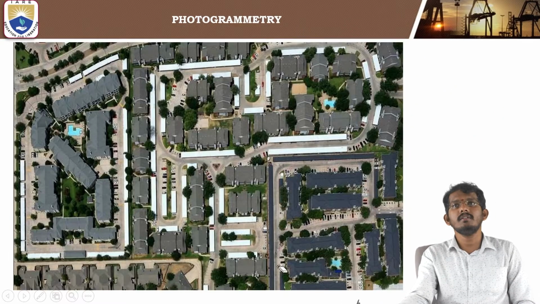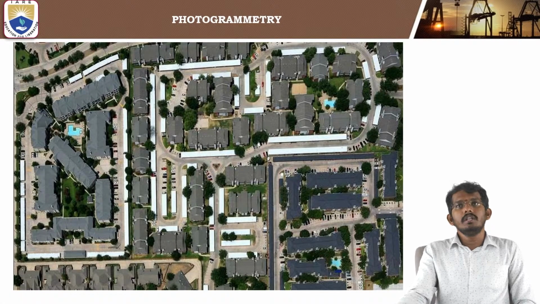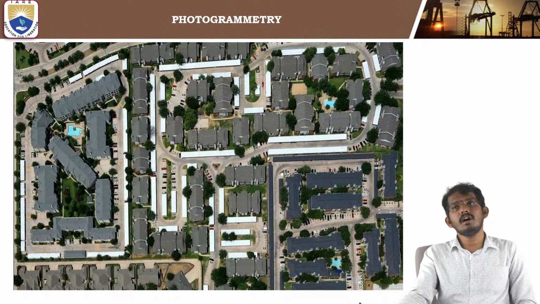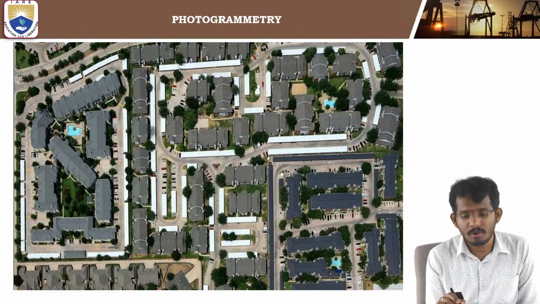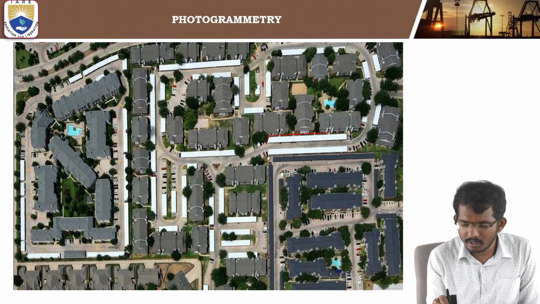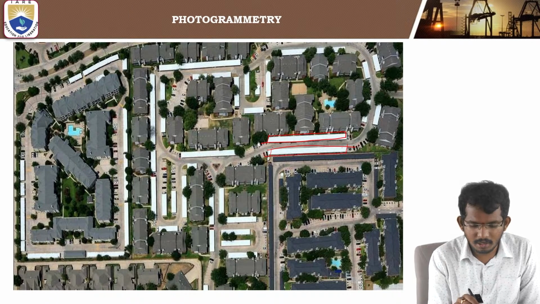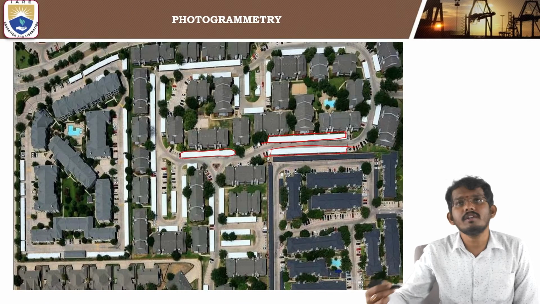I'll show you some more figures here. This photograph is an example of a vertical photograph. This photograph is captured using airborne vehicles, by the method of aerial photogrammetry. Here you can observe only the top view of the location. You can see a rectangular box, which may be a shed, a building, or a tower, whatever it may be.